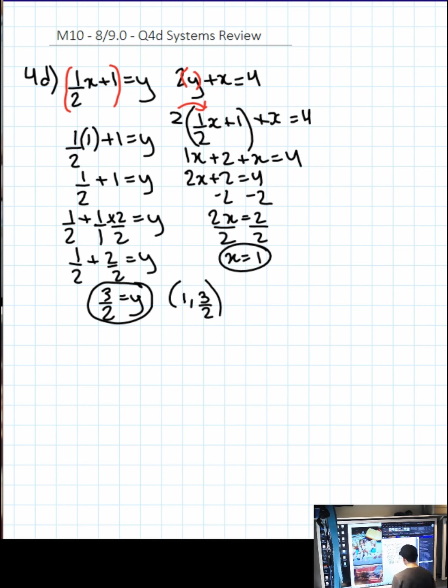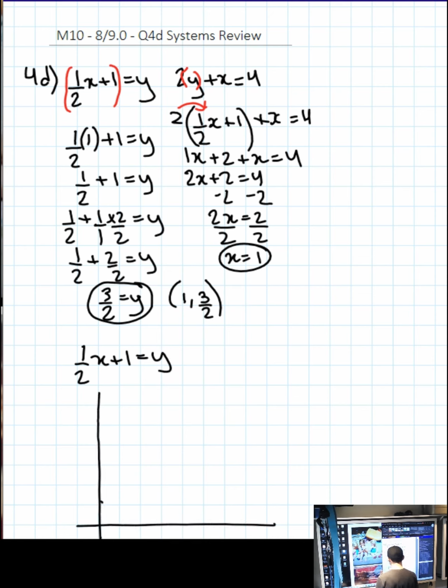So, the equation on the left, 1/2 x plus 1 equals y, is in y equals mx plus b form. We can draw that graph. We can put a y-intercept of 1 and a slope of up 1 over 2, and draw that line. Then we can take the other equation, 2y plus x equals 4. We can subtract x from both sides, minus x, minus x.